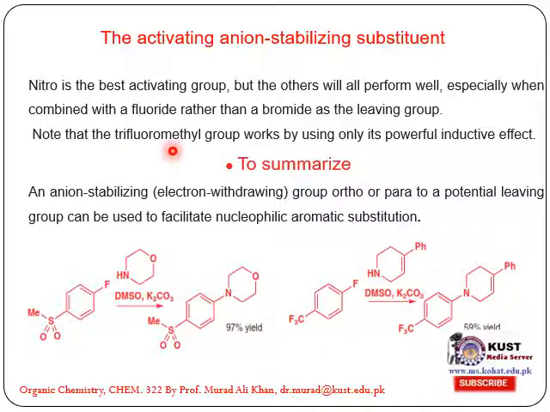The trifluoromethyl group works by using only its powerful inductive effect. To summarize, an anion stabilizing electron withdrawing group ortho or para to a potential leaving group can be used to facilitate nucleophilic aromatic substitution.